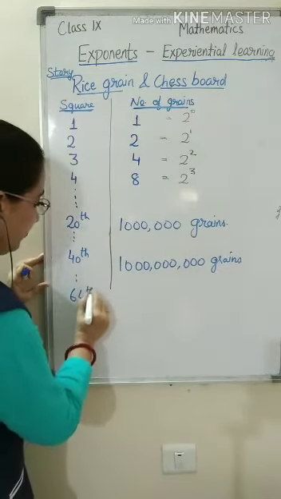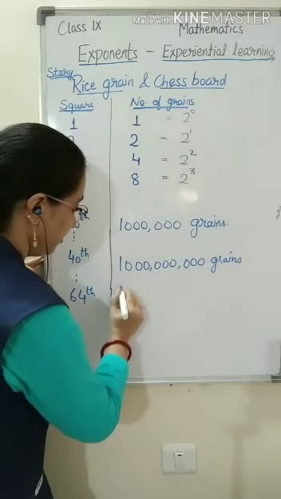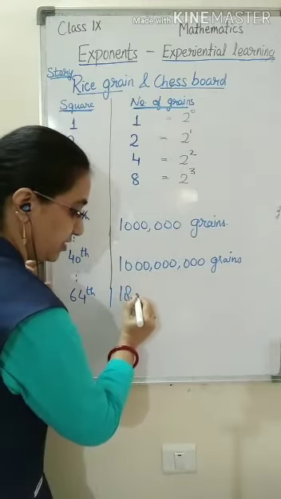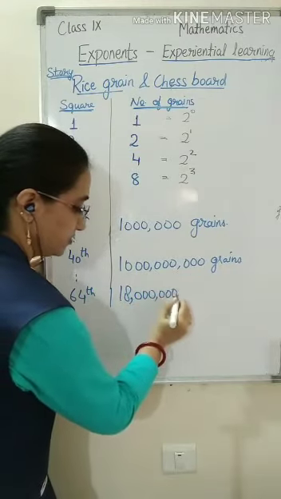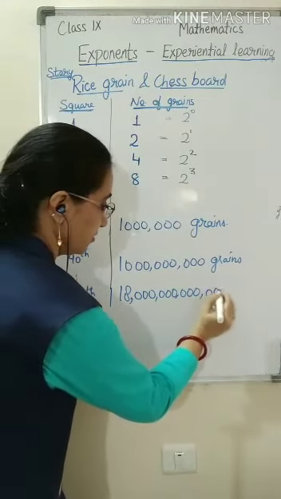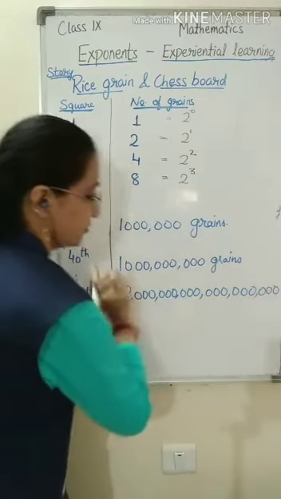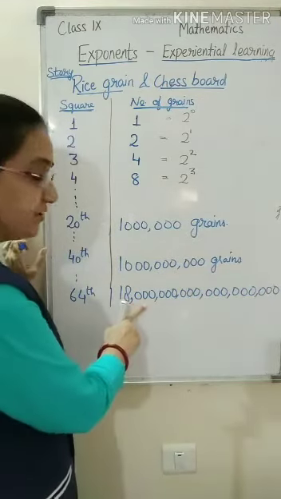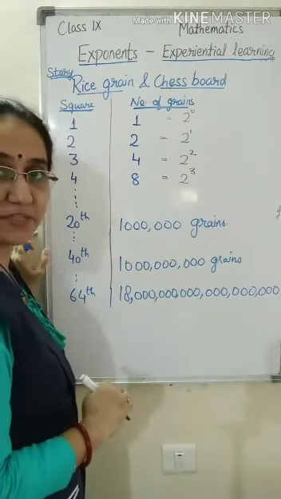On the 64th square, you cannot even think about it, the final count was 18 followed by so many grains on the 64th, which was not really possible to place.